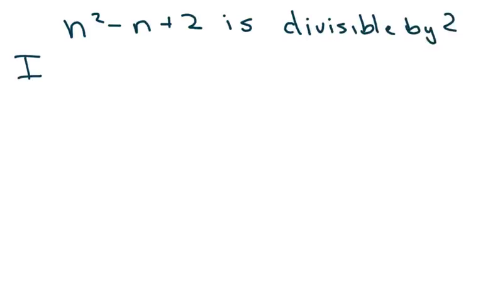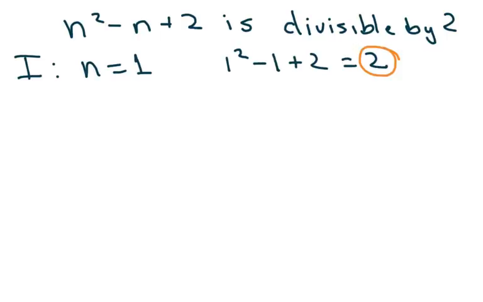So we're going to check for condition 1. You know that always should be true. So we're going to have 1 squared minus 1 plus 2, which equals 2. Is 2 divisible by 2? Yes. Okay. So when we're working this out, what we want is to get this back and then something else that we can divide 2 by.